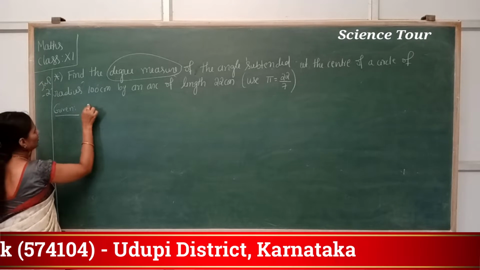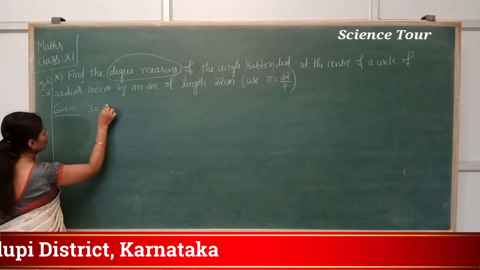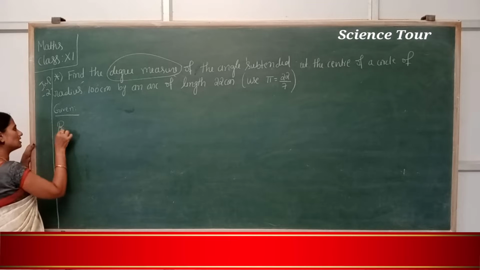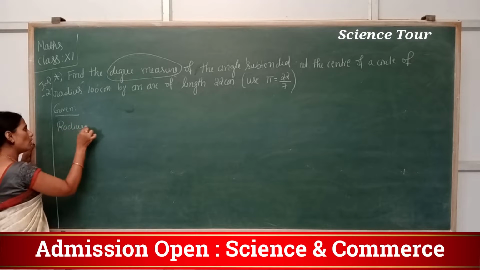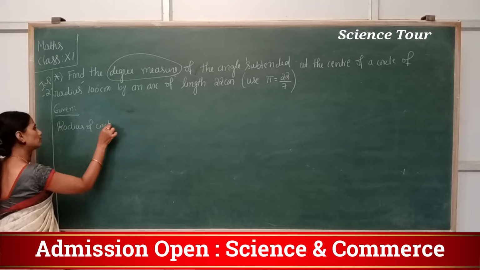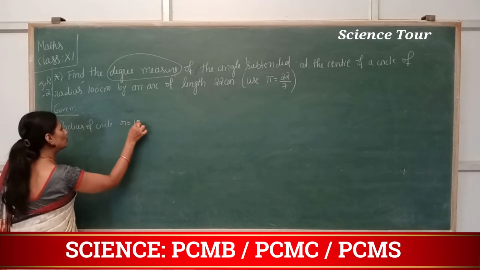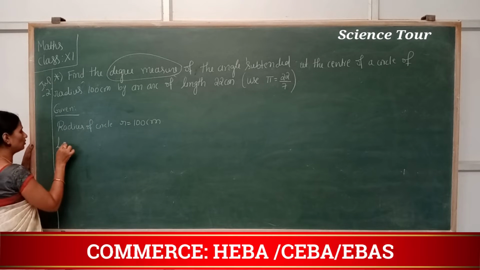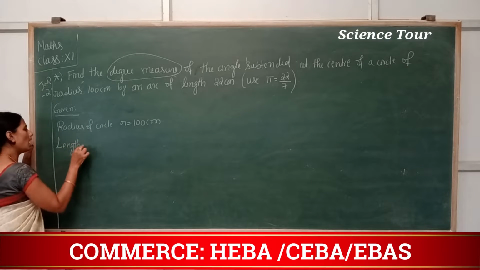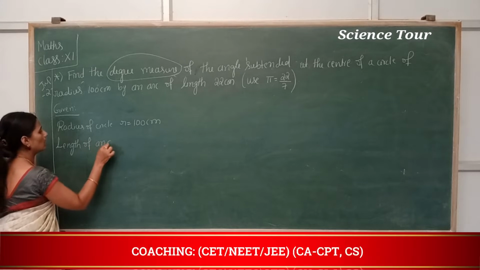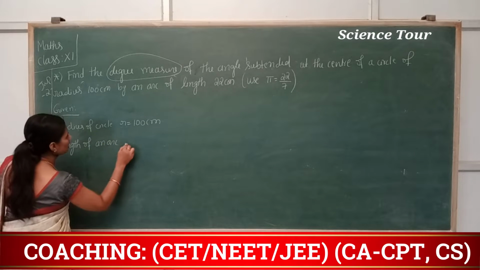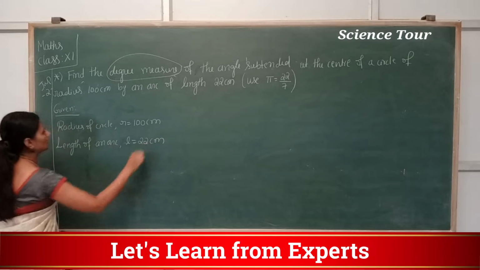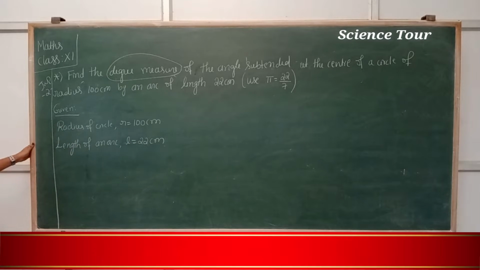Given is the radius of circle r is equal to 100 centimeter. Next, the length of arc L is equal to 22 centimeter.